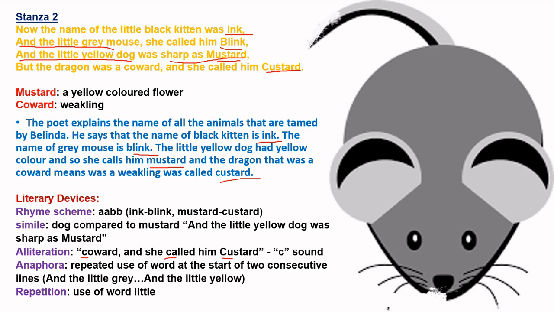Another literary device, you have repetition. Repetition is the use of the word little. You see here, little is repeated. In the first line also you find little black kitten, you have little grey mouse, you have little yellow dog. So this word little is repeated, and this literary device is known as repetition.